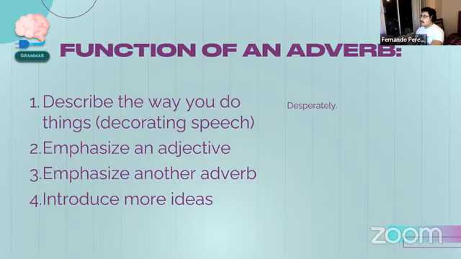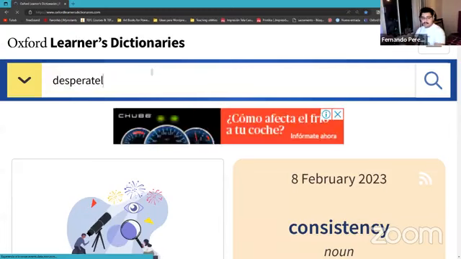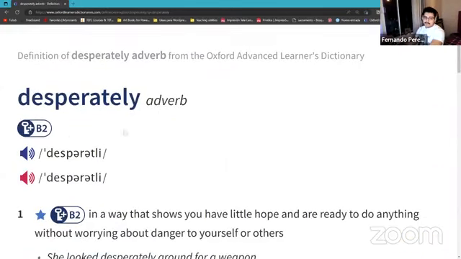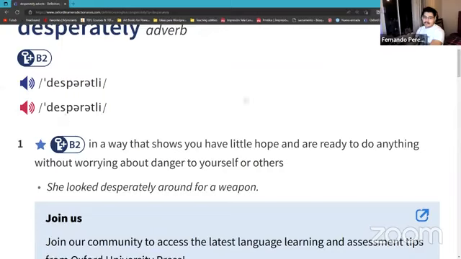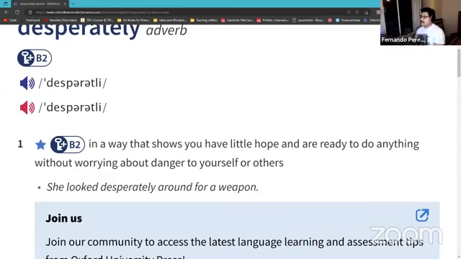Let's go to the dictionary and let's find the word desperately. Adverb. Definition, help me. Isaac. Yes. In a way that shows you have little hope and are ready to do anything without worrying about danger to yourself or others. Good, good. And read the example. That's the one we care for.